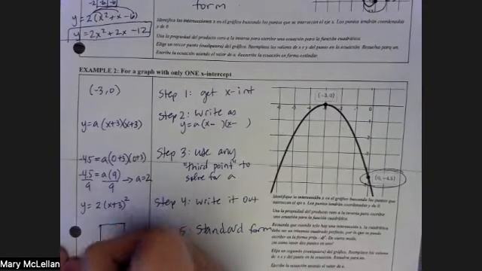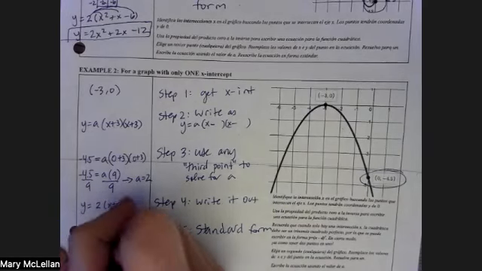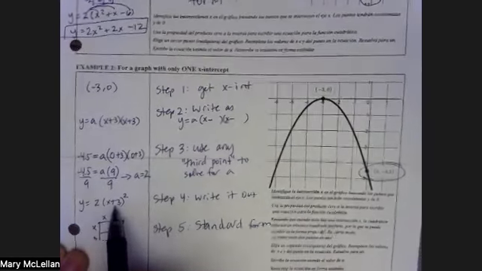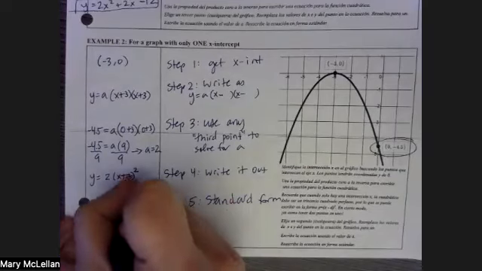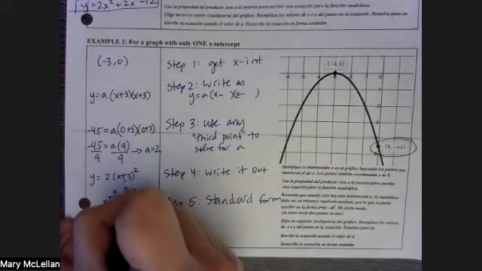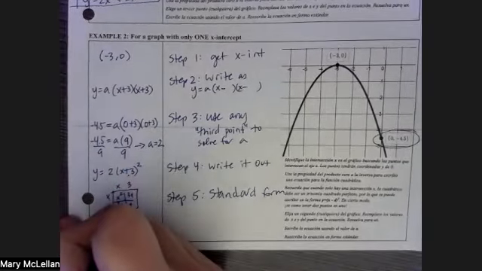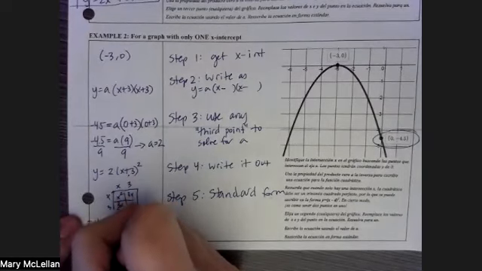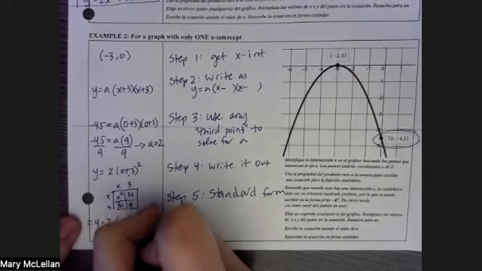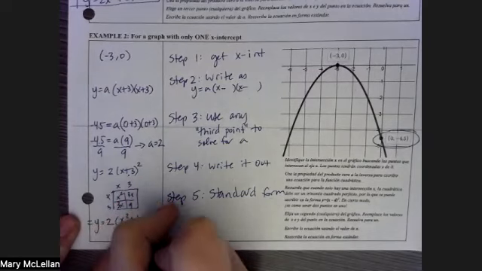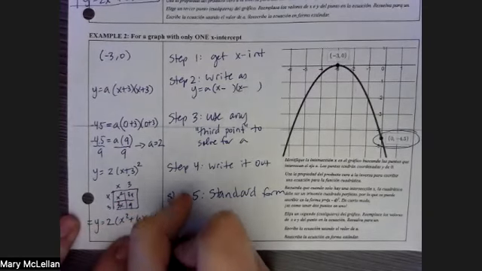Okay. X plus 3 squared. Don't make the mistake where you lose your middle term. X squared, 3x, 3x, 9. This becomes y equals 2 times x squared plus 6x plus 9.